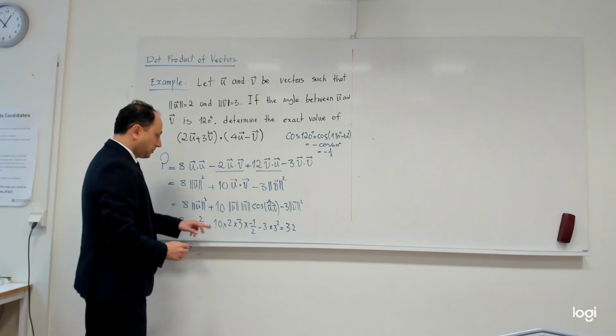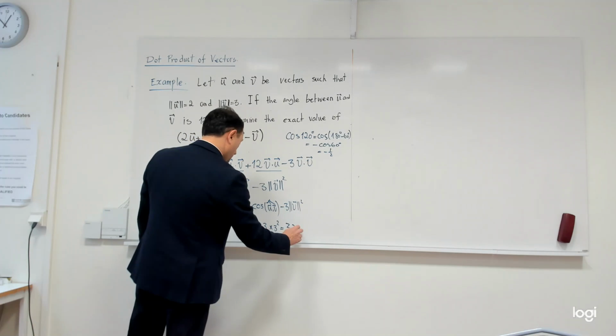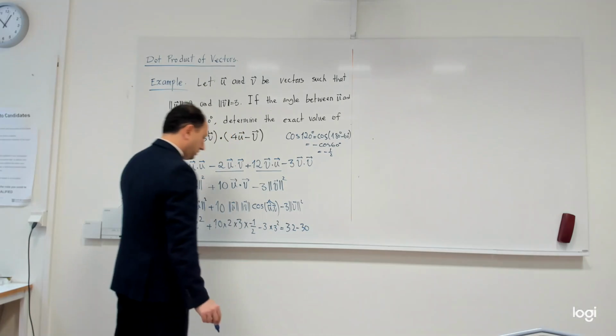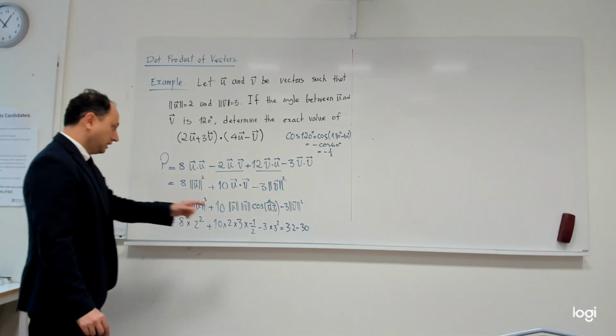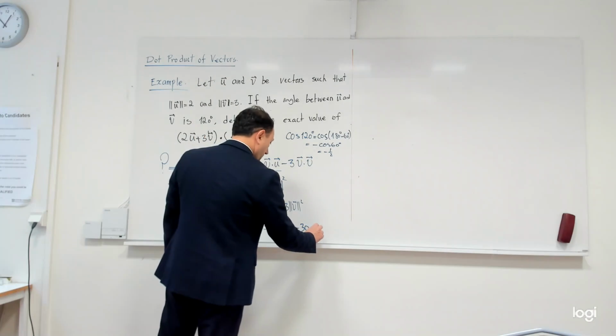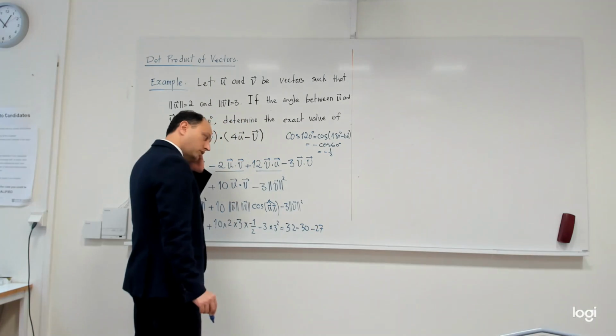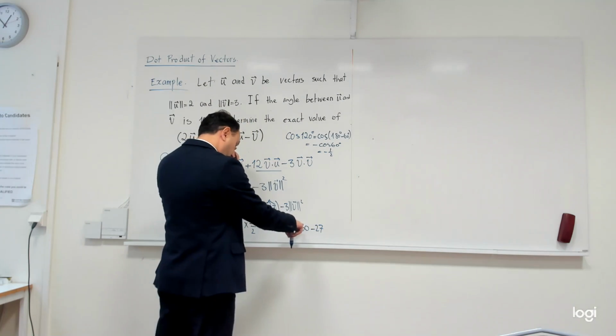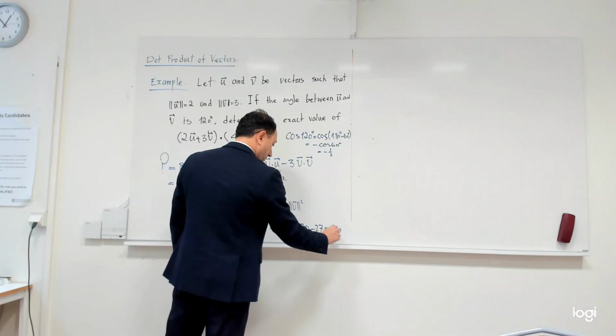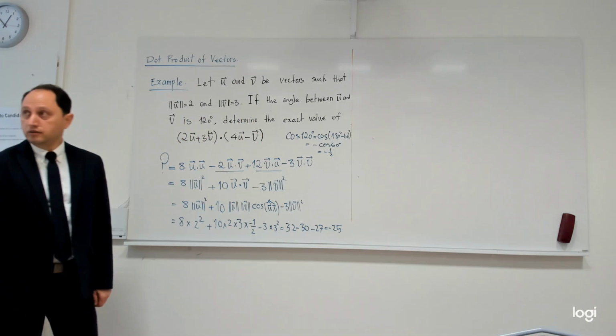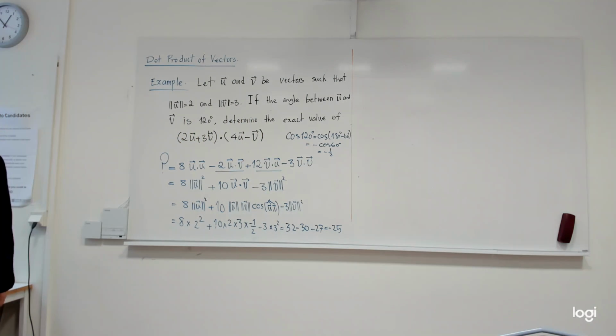This one becomes minus 30. Am I right? Minus 60, yes, for the whole. And then this becomes minus 27. So what happens? It becomes 5 minus 25. Am I right? So the answer to the question mark is minus 25.